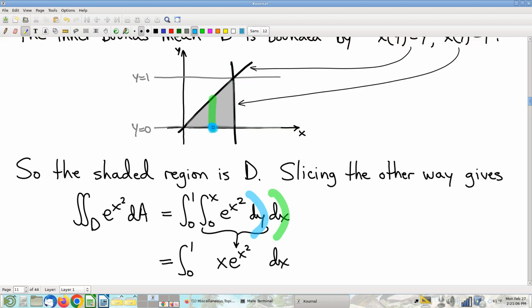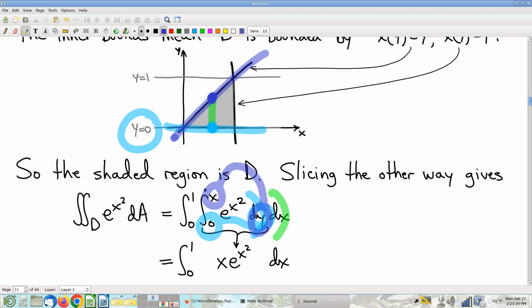According to this picture, y starts at that point, which is on that curve, so y equals 0 is my lower bound. And my last value of y is at that point, which is on the line y equals x. So y equals x gives me that upper bound.